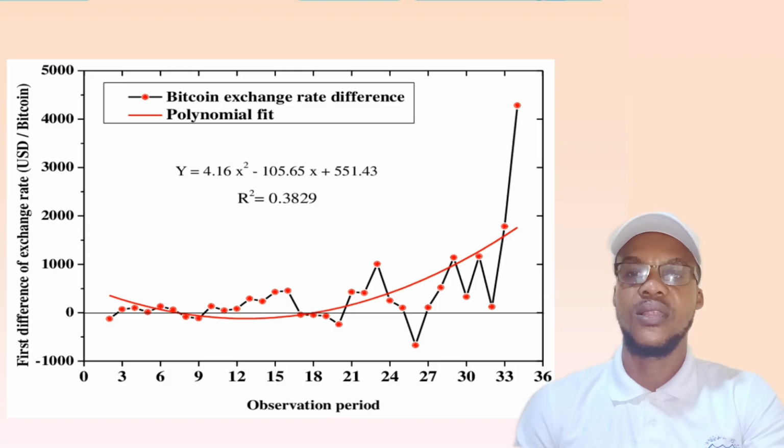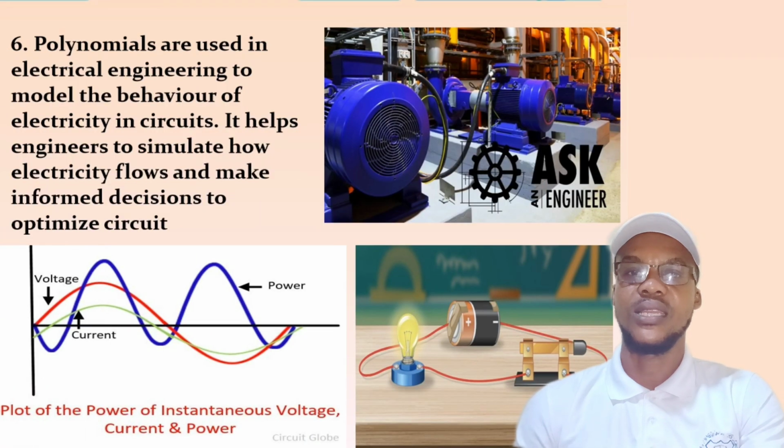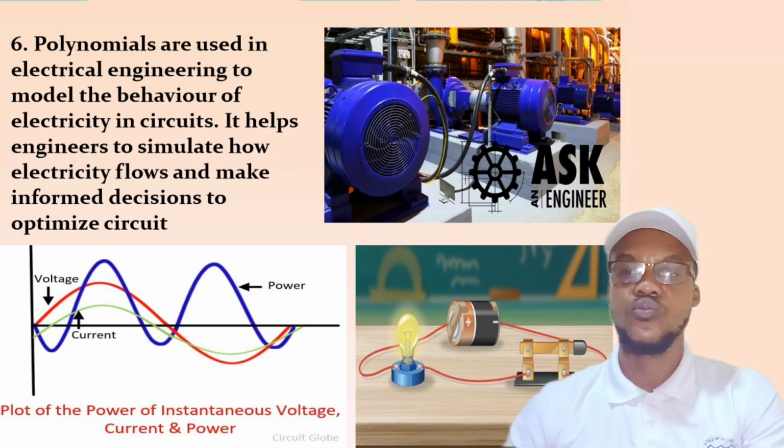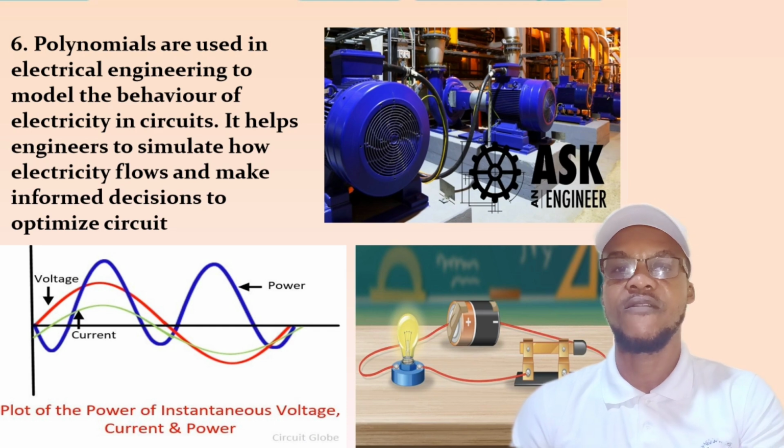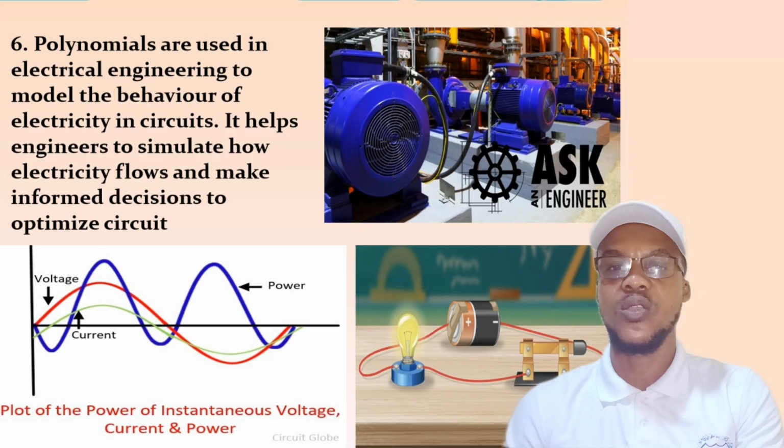Okay, now let's move on to another one. Now the sixth one, which will be our last one: polynomials are used in electrical engineering to model the behavior of electricity in circuits. It also helps engineers simulate how electricity flows and make informed decisions to optimize circuits.